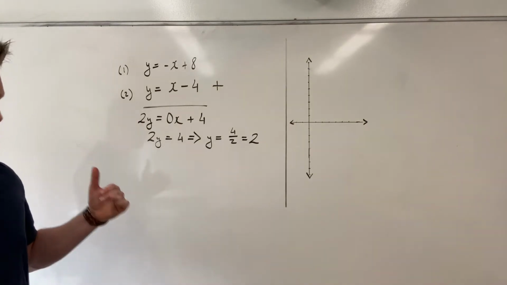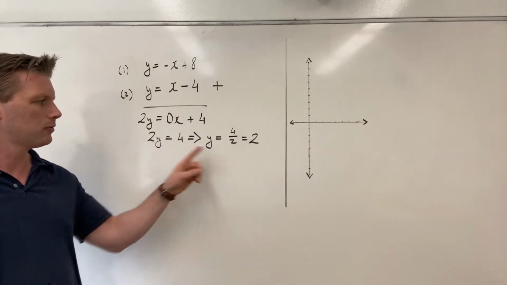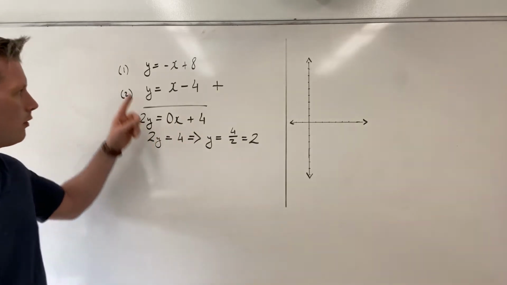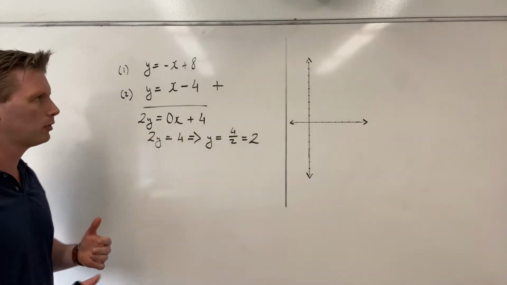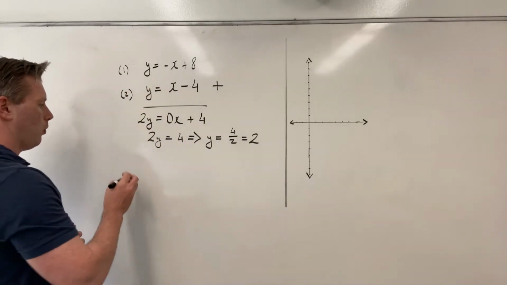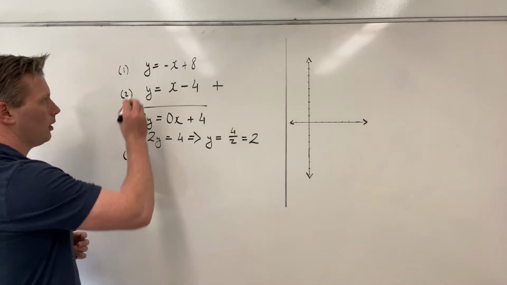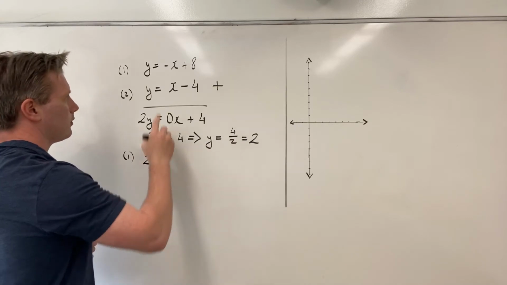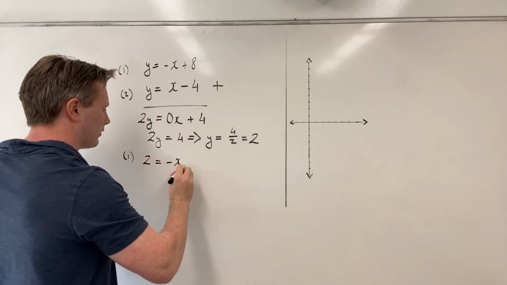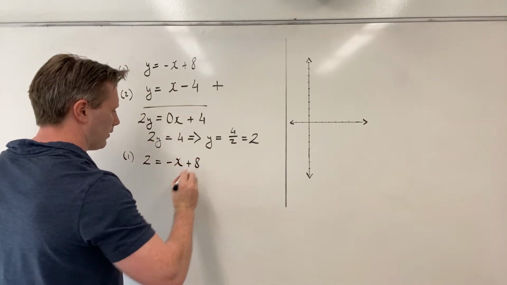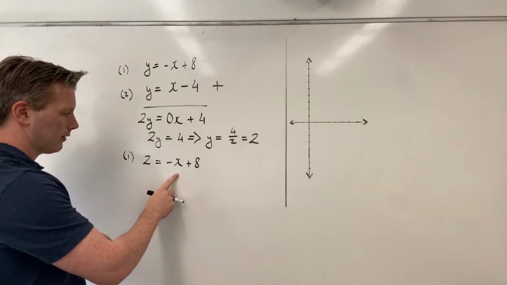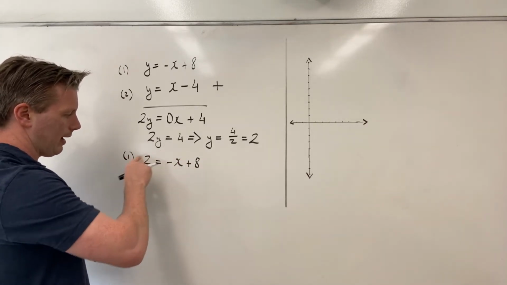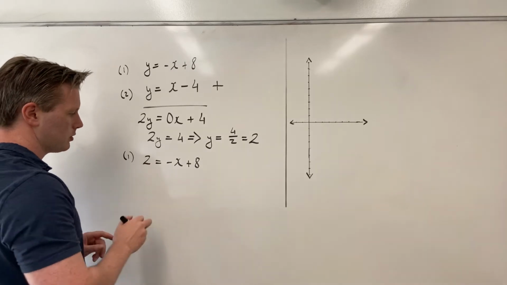Okay, in order to find my x value, I'm going to substitute my y value back into one of my original equations. Doesn't matter which one. Let's take equation number 1. So equation number 1 becomes, instead of y, I have 2: 2 is equal to negative x plus 8. Solving for x, I will add x to both sides, and subtract 2 from the right hand side.